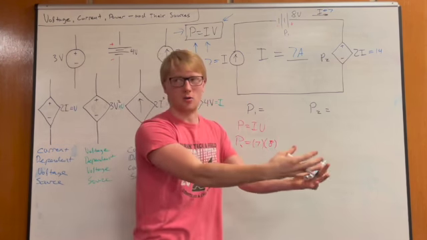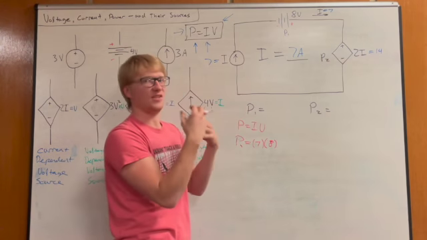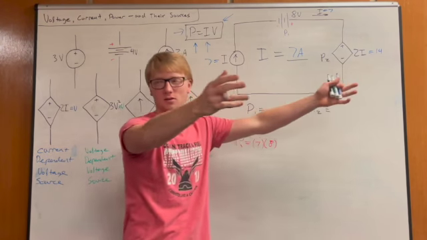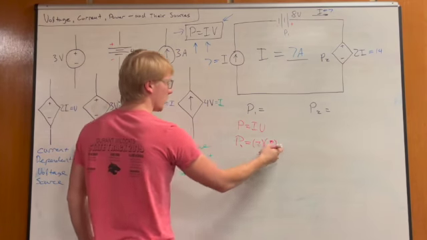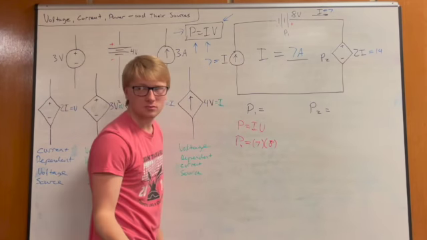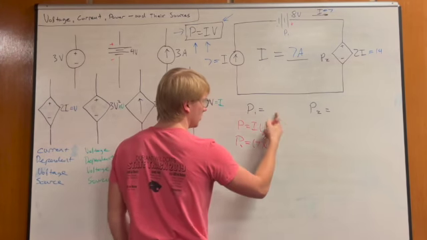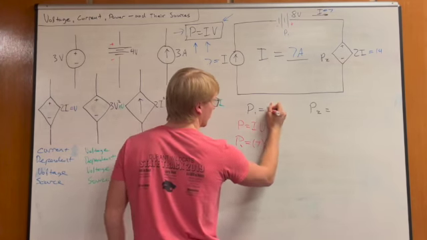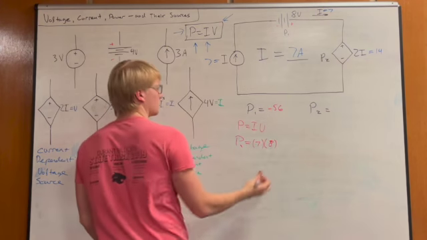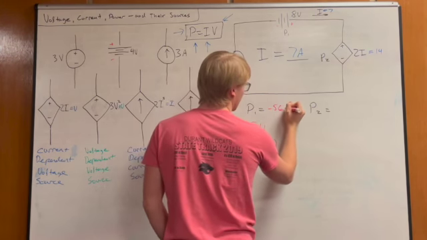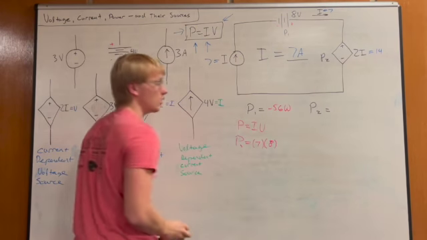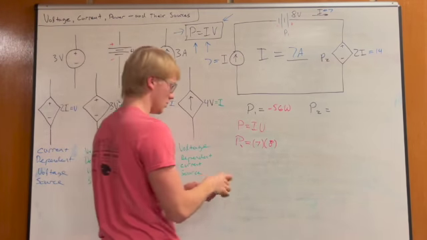It's producing power. Therefore, it's negative because it's leaving. Does that make sense? So whatever this number is, it's going to be negative. So P1 is negative 56, and that's in watts.